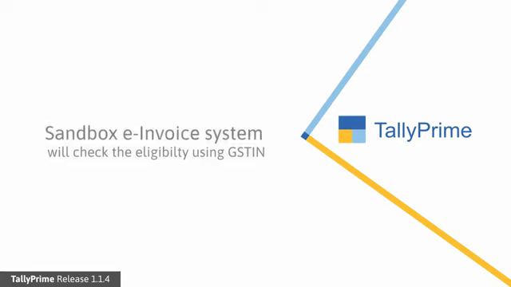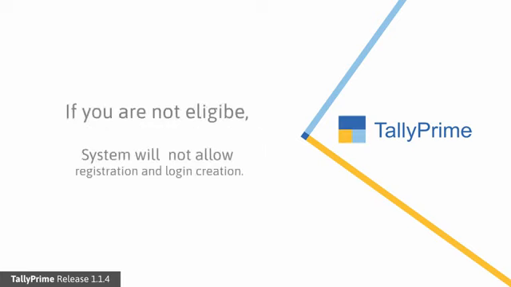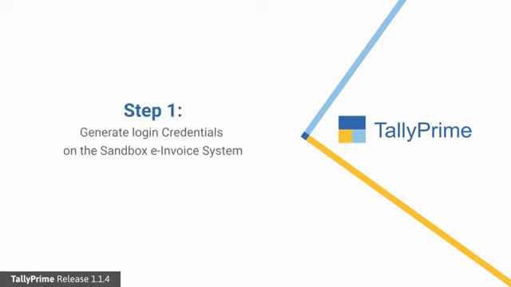The e-Invoice API testing system identifies the eligibility through your GSTIN. If your business is not eligible for e-invoicing, then you will not be able to register and generate your sandbox credentials.